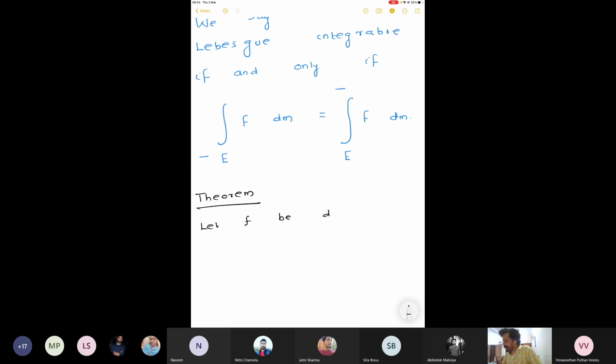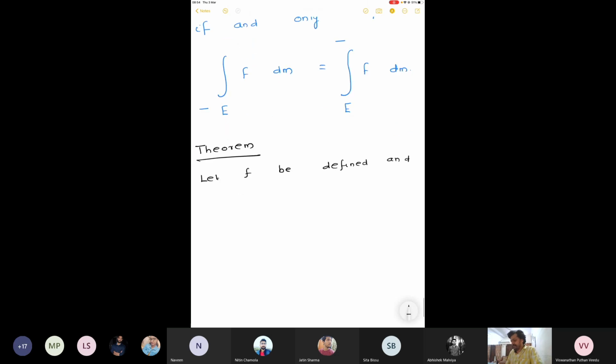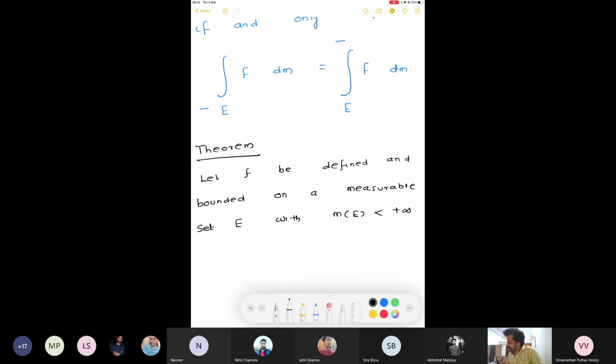Let f be defined and bounded on a measurable set E with measure of E finite. So I will underline or highlight these two. The function is bounded and the set is measurable with finite measure.